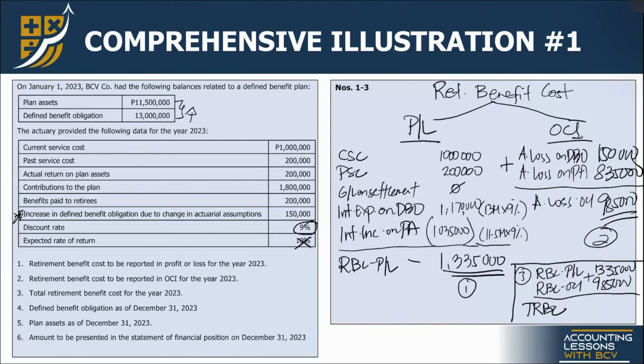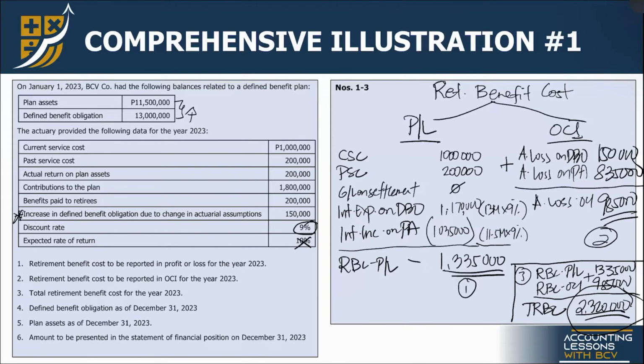Add niya natin dahil pareho naman silang cost mismo. Tama? Magkano ang total? Answer is 2,320,000. That will be your answer for number 3. Nasusundan ako. Okay? Yan. That's your total retirement benefit cost. So yeah, na-apply agad natin yung comprehensive case ng retirement benefit cost or defined benefit cost.